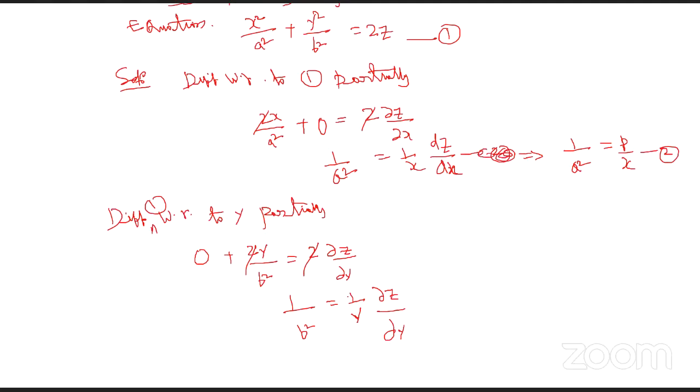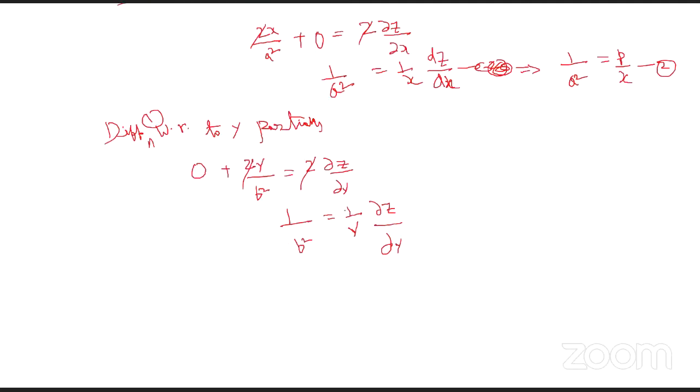Similarly here also, q by y equal to 1 by b square. Equation number 3.